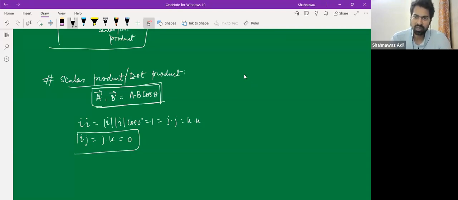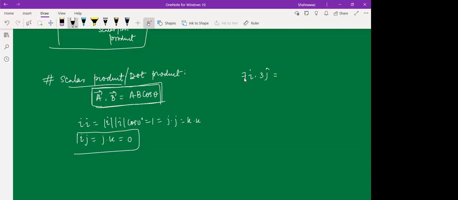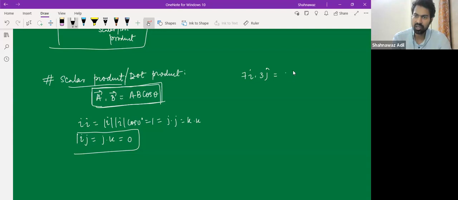So if I want to calculate 7I dot 3J, that would simply be how much? 7 into 3 is 21, and then I dot J. But I dot J is how much? 0.